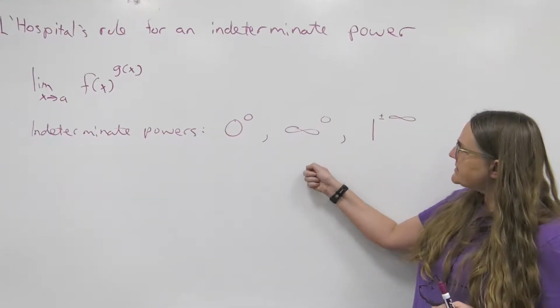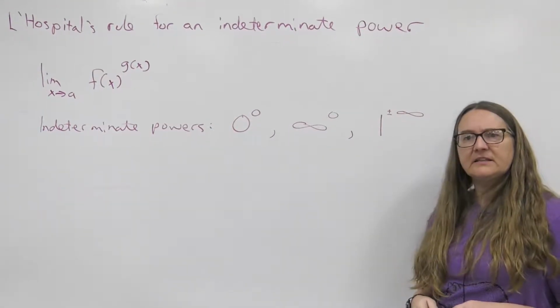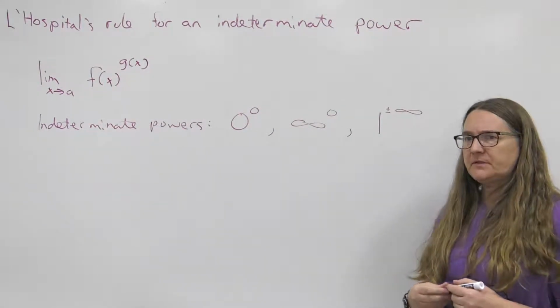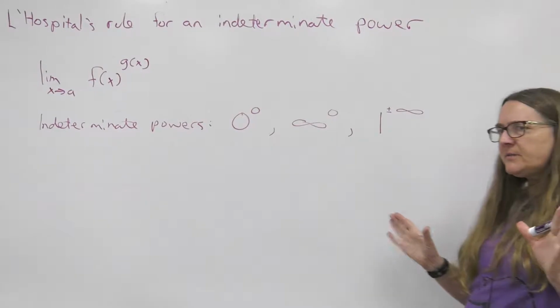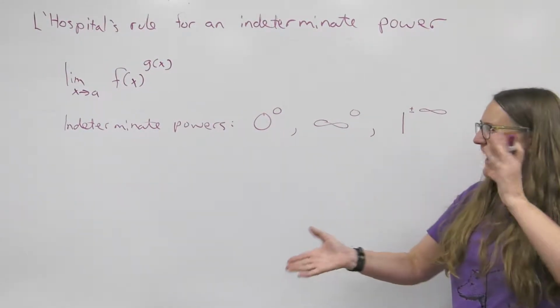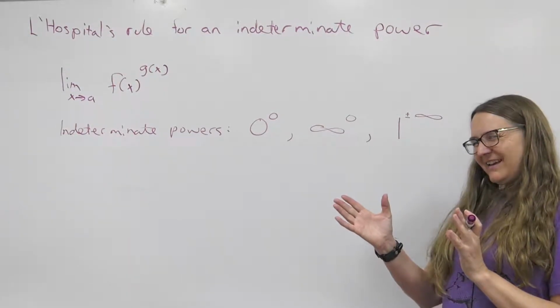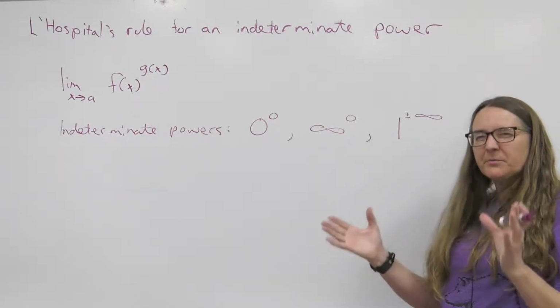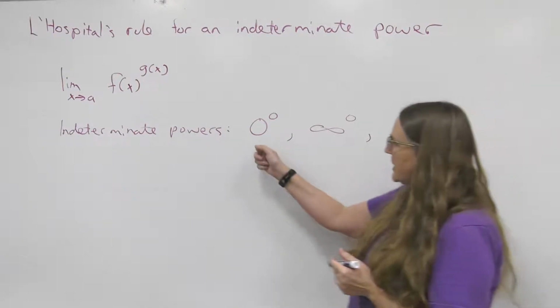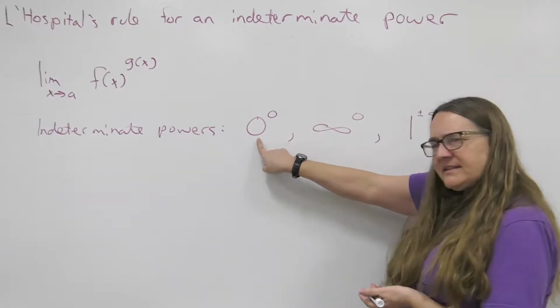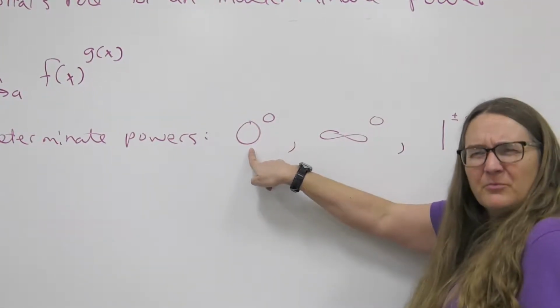Okay. But let's take a look at why these things are indeterminate powers, because that can be a little bit tricky to figure out sometimes. With an indeterminate power, basically, based on knowing how the base and the exponent are behaving, I'm not sure where the whole expression is going. So if I look at quote-unquote 0 to the 0 here, if the base is going to 0, well, 0 to any power would be 0.